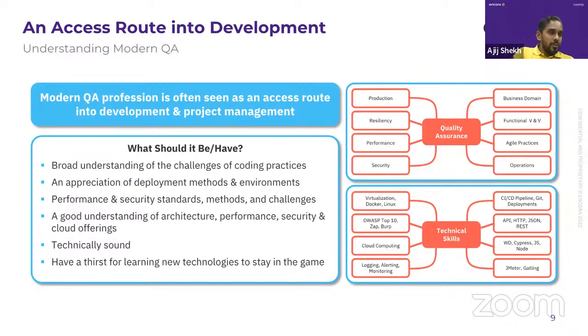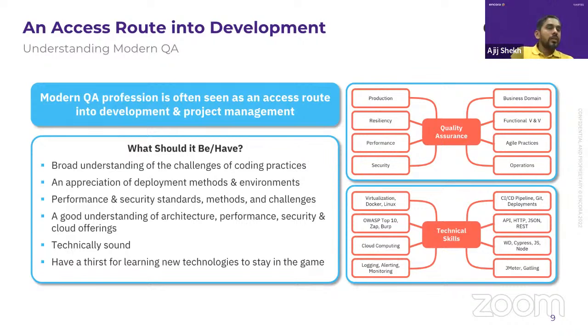The main focus would be our performance tool, so we can achieve our website performance. Security standards are also very important for us. We can follow security rules and regulations. Our website should be secure. Whenever we go to the payment section, our credit card details should be secure. Everything is a very challenging portion for the modern QA profession.